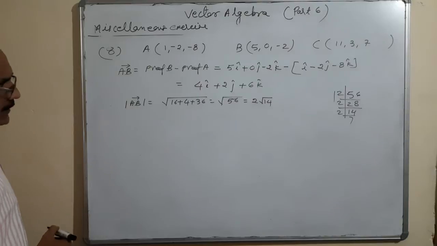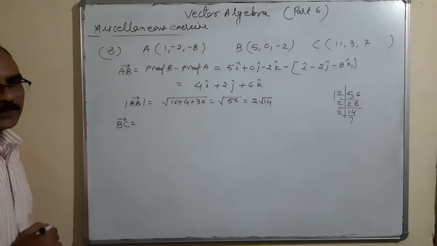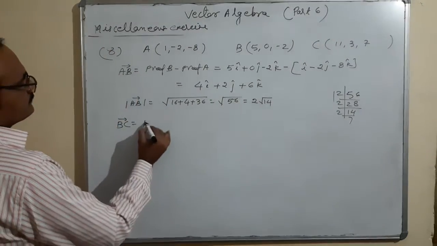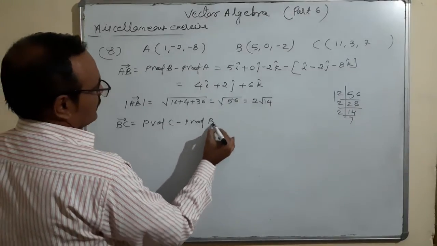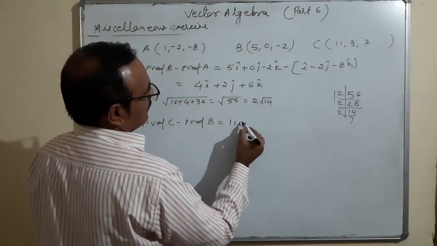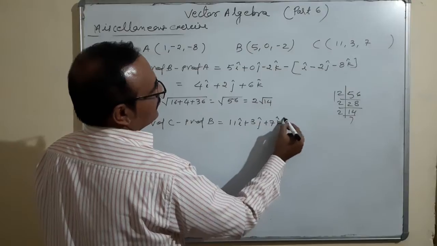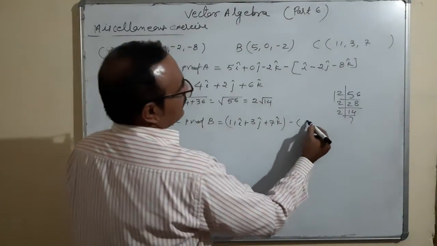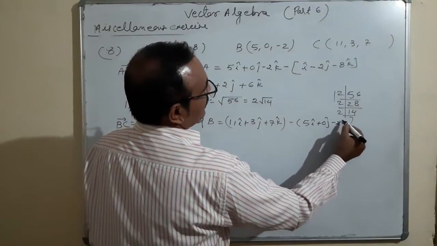Second, we are going to find BC. Vector BC is the position vector of C minus the position vector of B. Position vector of C is 11i plus 3j plus 7k, minus the position vector of B, 5i plus 0j minus 2k.